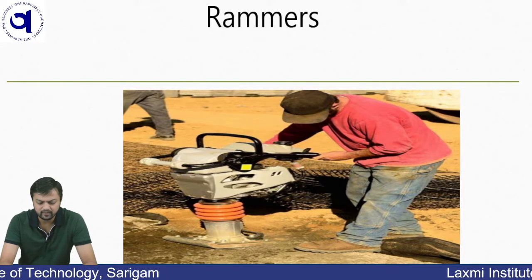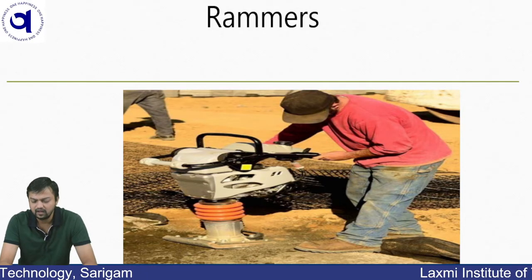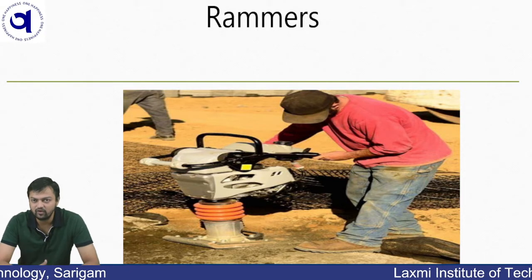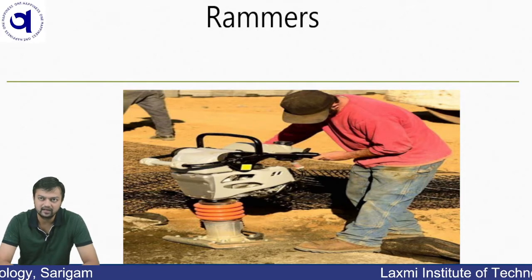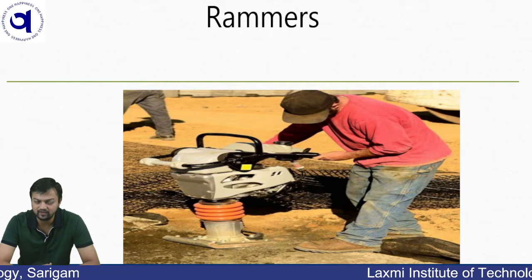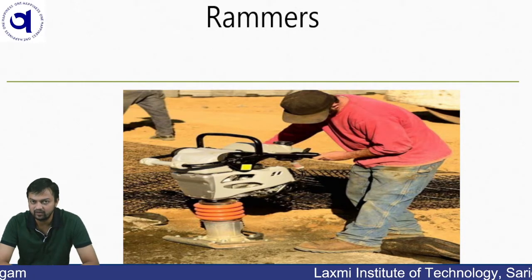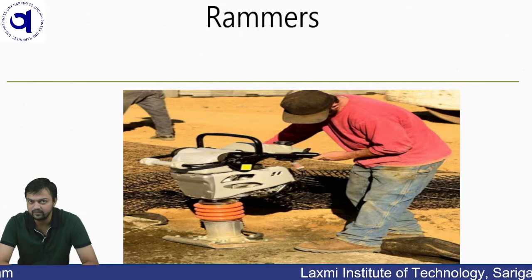Now for hand operated rammers, as we can see in the next slide, they can compact a specific area, in square meters, like the area of a tile, giving us compaction by hand. But with machine operated rammers we need operators, so that we can operate it on a larger area using machines.